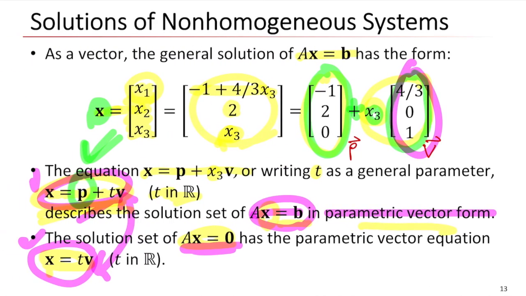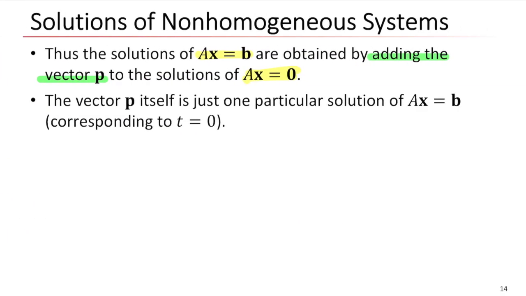So the solution of Ax = b can be represented by adding the solutions of Ax = 0 to the vector p. Okay? So this is a very important property.